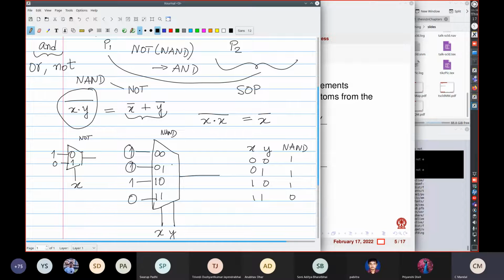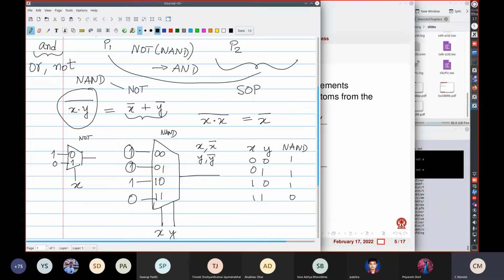All right. Now, if you have the complemented variables available to you, suppose you have x, x bar, y, and y bar.